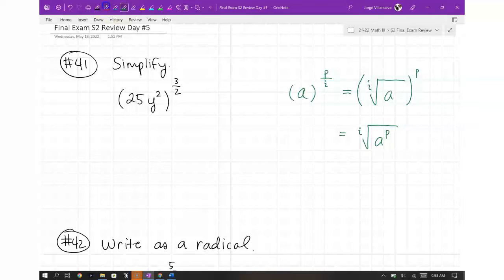So notice, for number 41, it says simplify 25y squared, the quantity of that, to the 3 halves. The 3 is my power, the 2 is my index. So this would be index of 2, 25y squared to the 3rd.